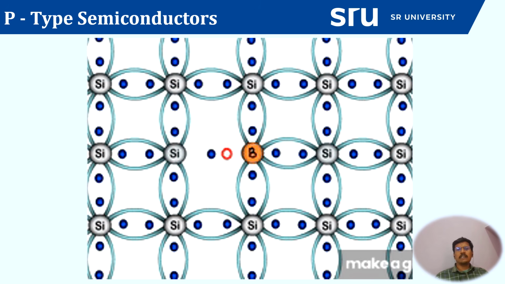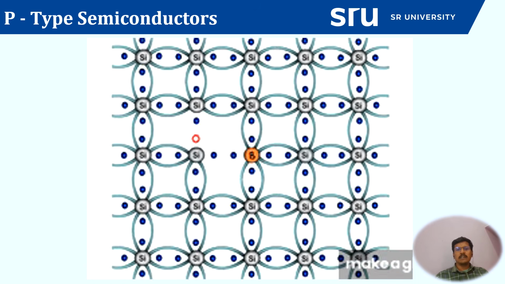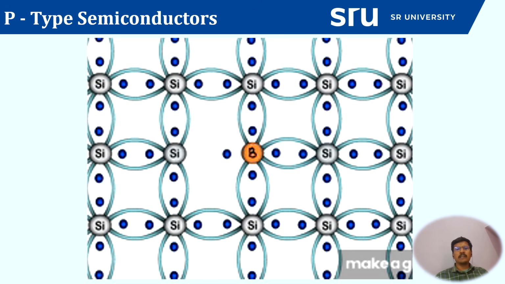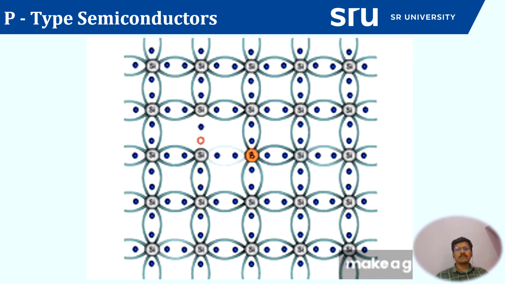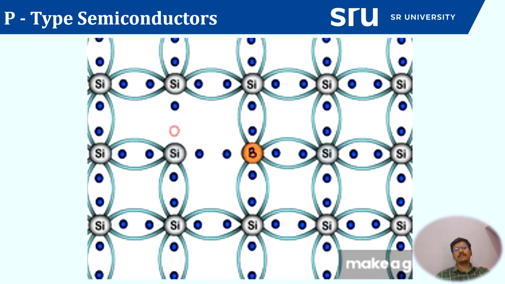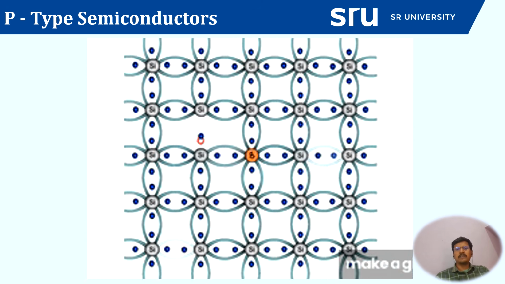Initially, the only hole is present near the element B at the middle. That attracts the next neighboring electron, and the hole is shifted to that place. And the hole attracts the next neighboring electron, and the hole keeps shifting, like the students occupying the empty seat.